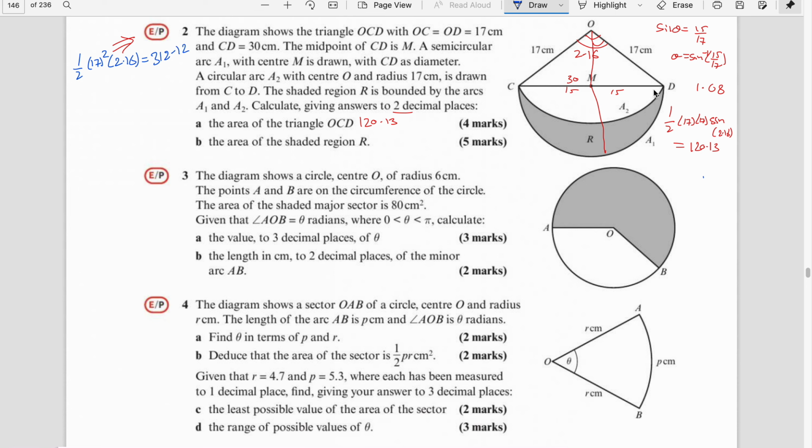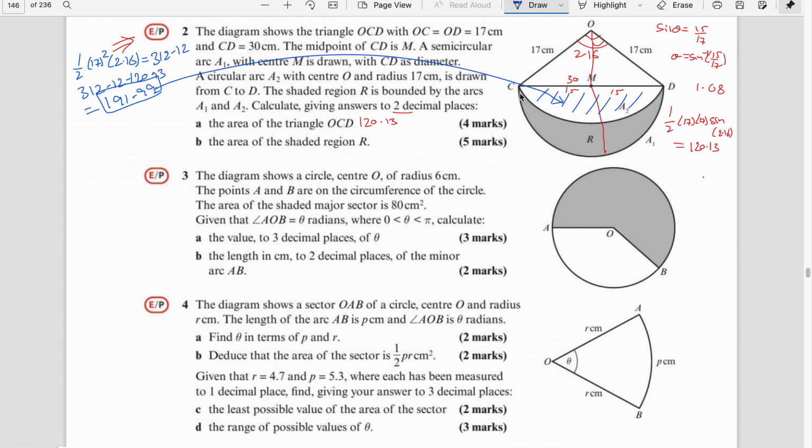I already have the area of this triangle. When we subtract these two, I get the area of this blue part, that is 312.12 minus 120.13, and I'm left with 191.99. This is the area of this blue section.